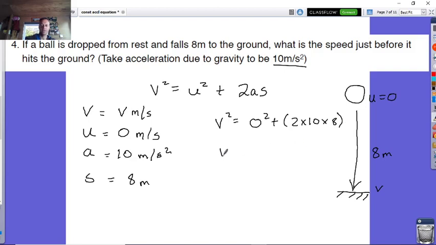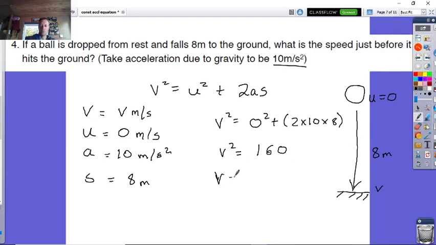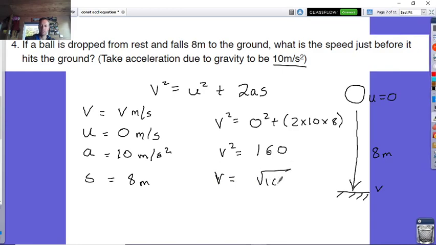Okay? Therefore, your v squared is equal to 20 times 8, which is 160. Your v then is going to equal root 160. Put that in your calculator.